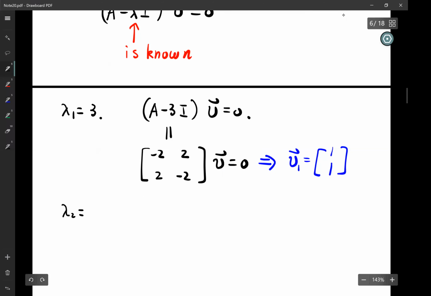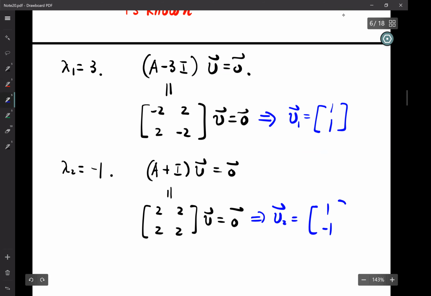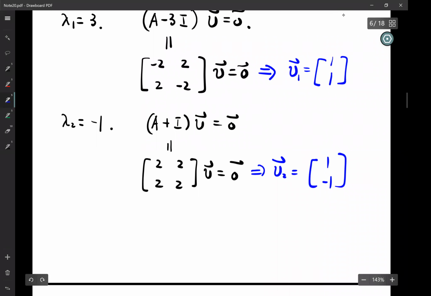The same way, we do lambda 2, which is minus 1. And now I have A plus I, V equal to 0. So this matrix is 2, 2, 2, 2. V equal to 0. So this one just gives me V2 equals 1, minus 1. Then we're done.